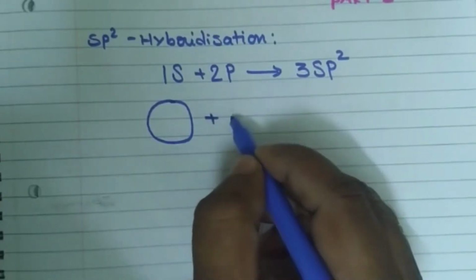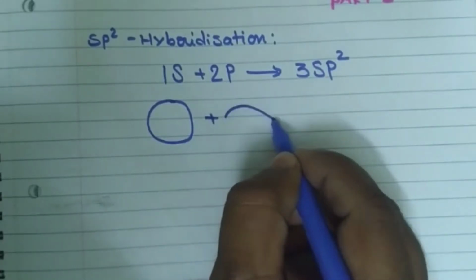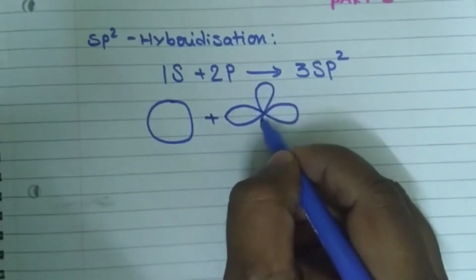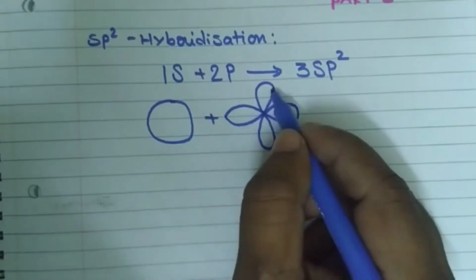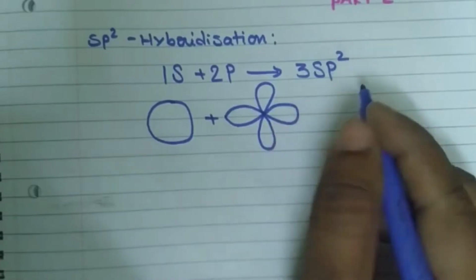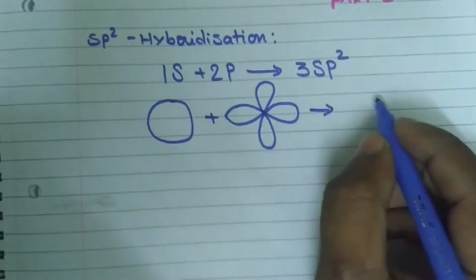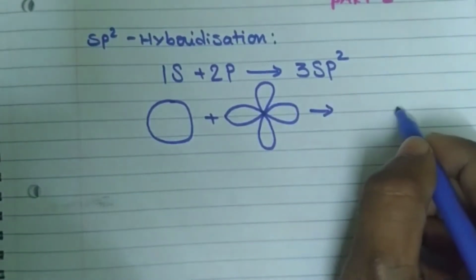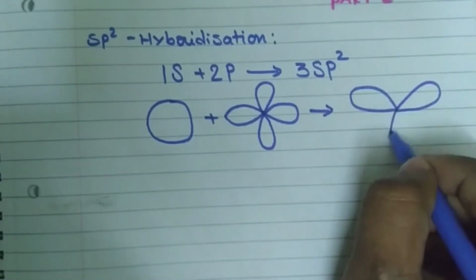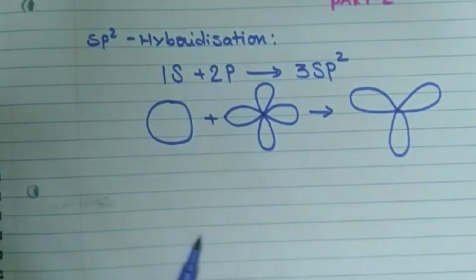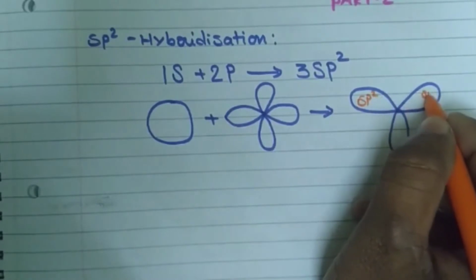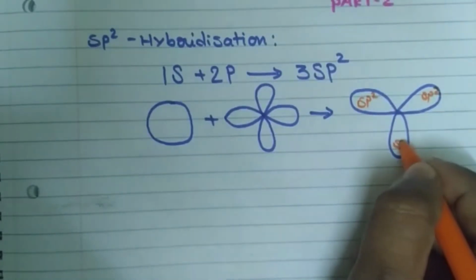The shape of a p orbital is a dumbbell. That is the first dumbbell and the second dumbbell, two dumbbells, px and py. So when one s and two p orbitals combine, a new set of hybrid orbitals is formed. We can draw the structure like this: totally three hybridized orbitals, this is one sp2, this is a second sp2, and this is a third sp2.